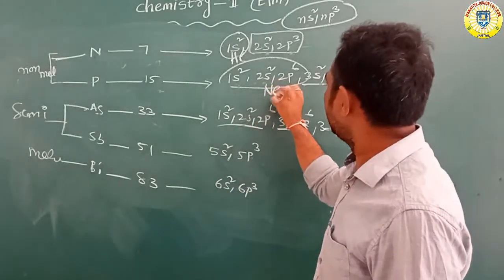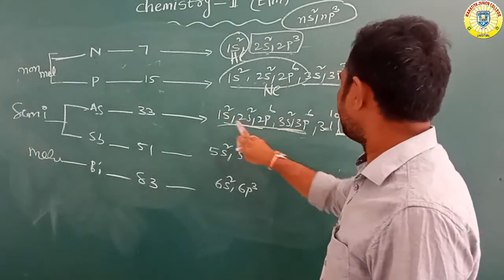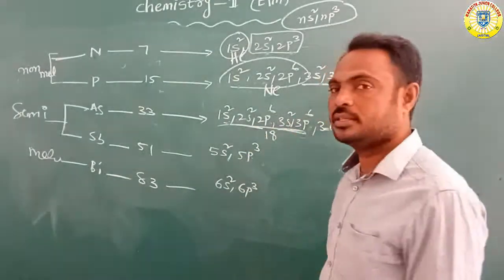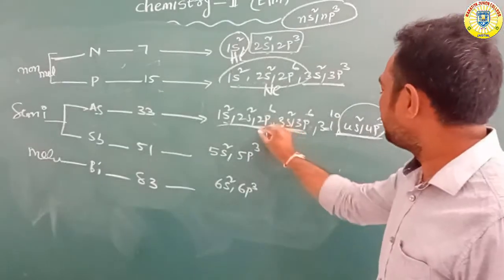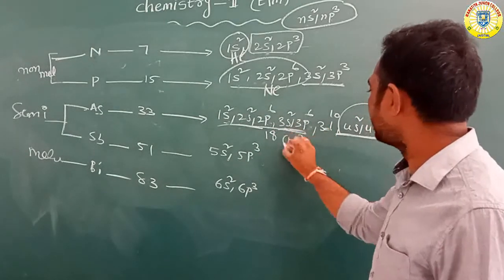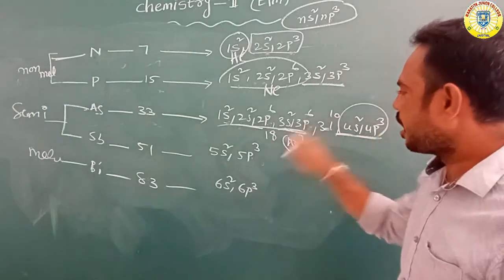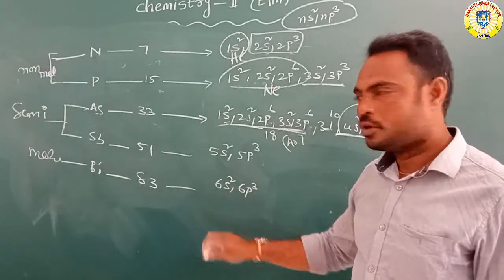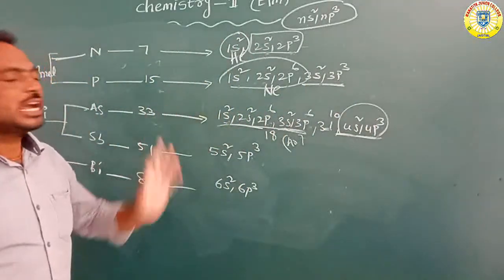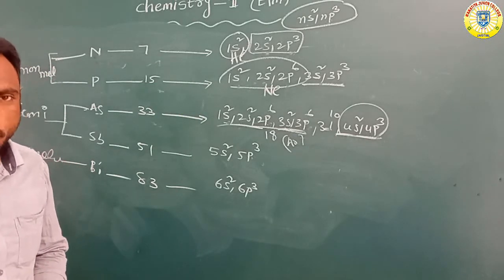Or 1s2, 2s2, 2p6, 3s2, 3p6, how many electrons? 18 electrons, so we replace it with argon. Then argon 3d10, 4s2, 4p3, or we write krypton, xenon. So this is the overall electronic configuration of the 15th group elements.